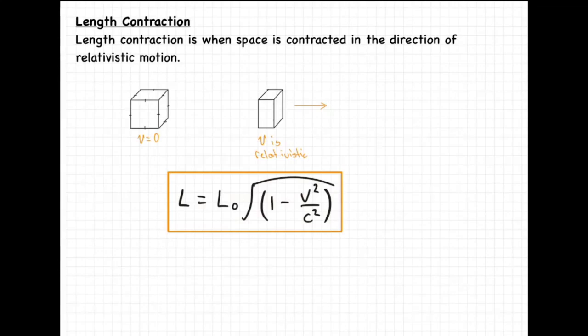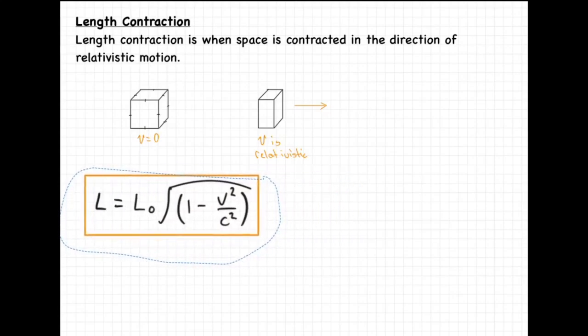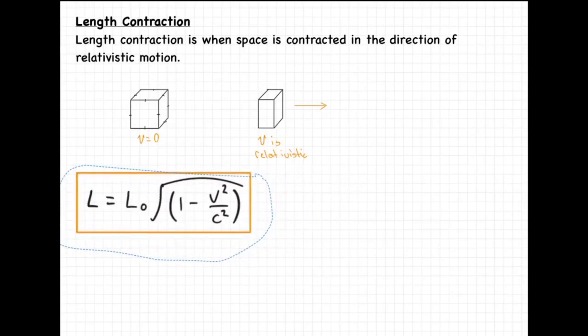Now, let's just be very clear about what each of those things mean in case it's not clear by default. L is relative length.